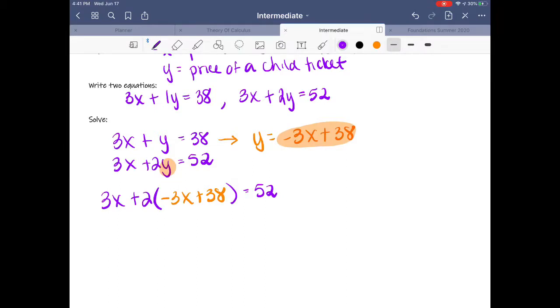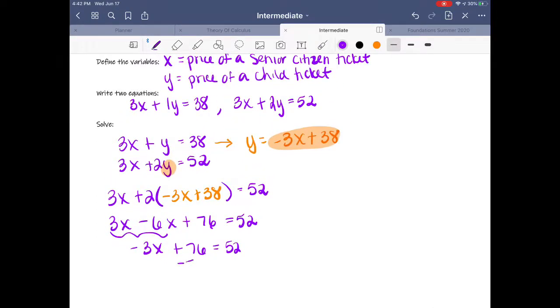And we're going to solve. Distribute. Hopefully I multiplied that right. Then these are like terms right here. We're going to solve.